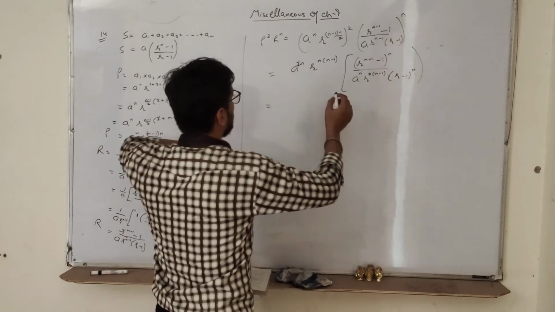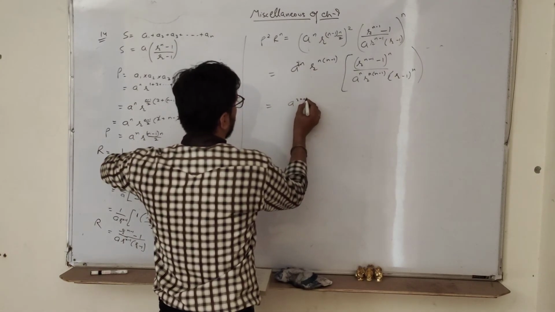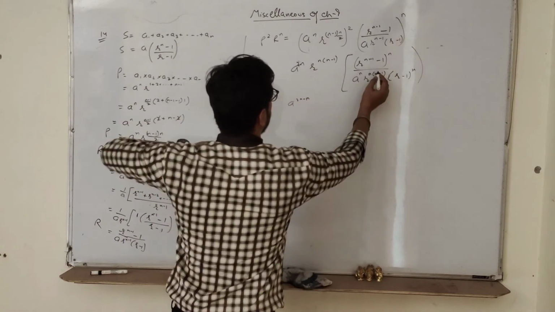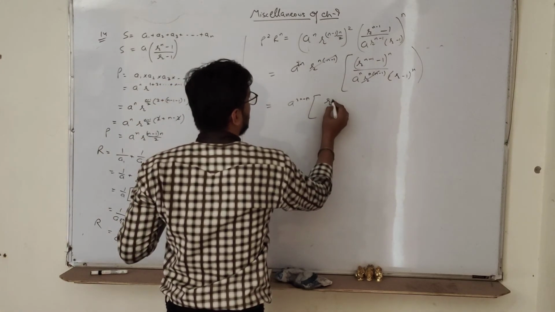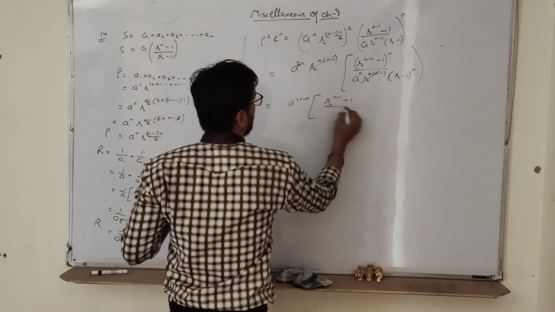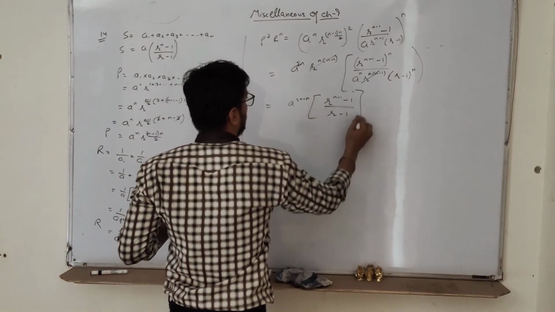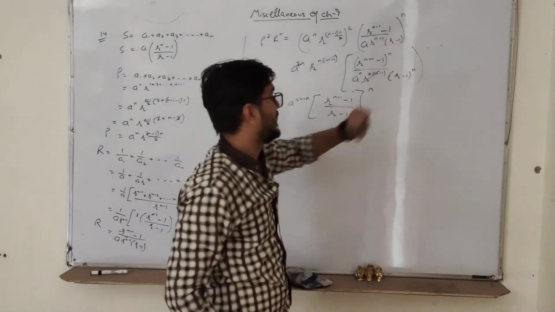So now what we can do, A raised to the power 2n upon A raised to the power n, so A raised to the power 2n minus n, R raised to the power n. From this we can cancel this, rest we have R raised to the power n minus 1 upon R minus 1, whole power n, this divided by this whole power n, right.